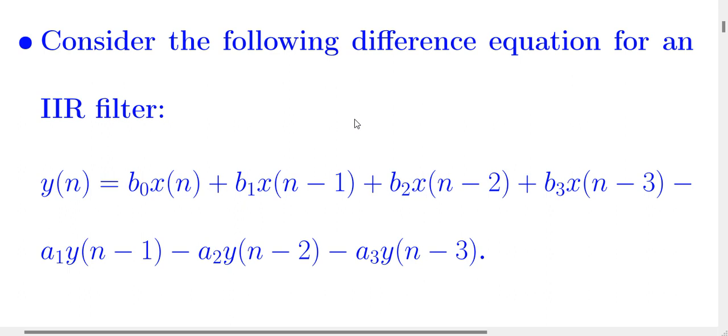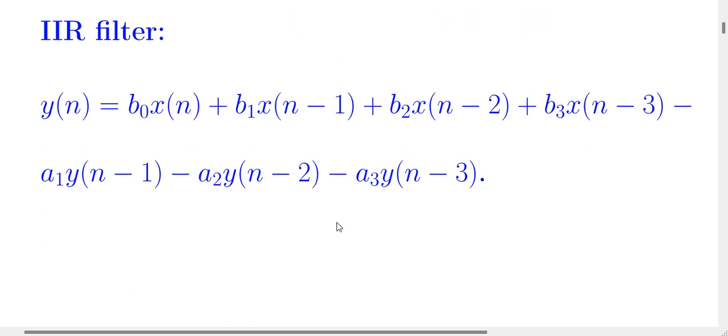Consider the following difference equation for an IIR filter, with coefficients B0, B1, B2, B3, minus A1, minus A2, minus A3.